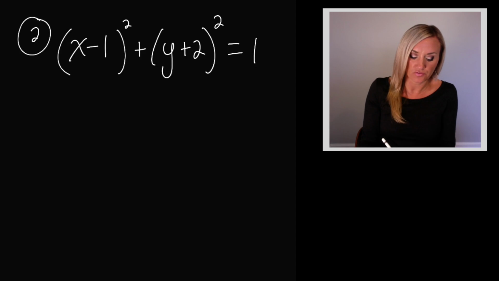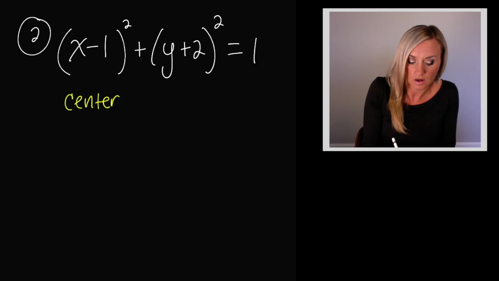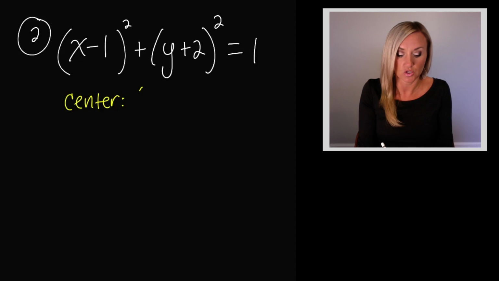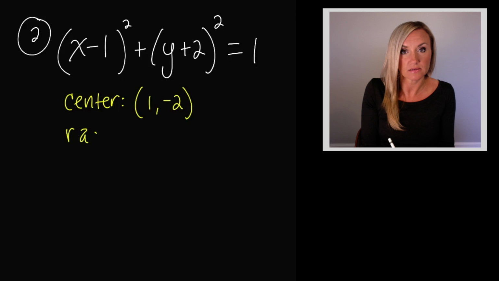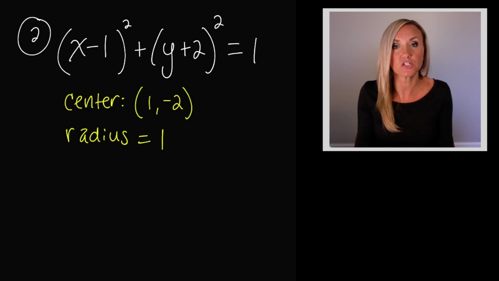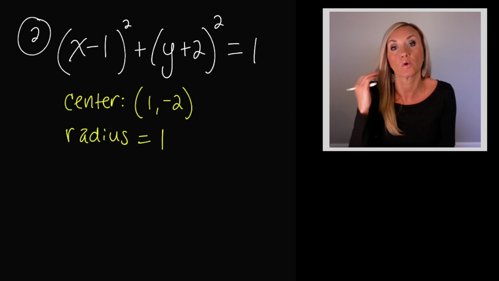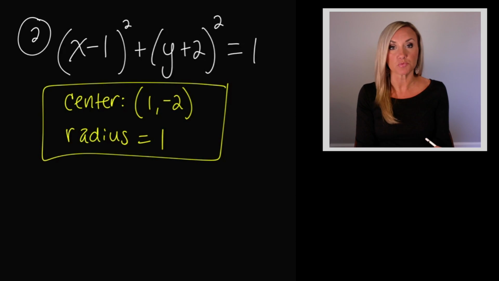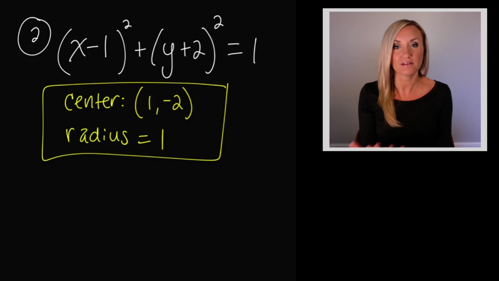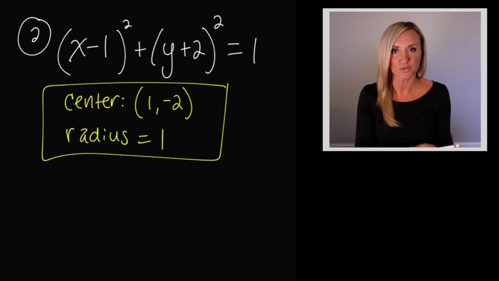If I asked you to find the center of this circle, you would tell me that the center is 1, -2. And what about the radius? It's 1, because if we plug 1 in for r, 1 squared is just 1. So our radius is 1, and with that information, you can go ahead and graph that circle.